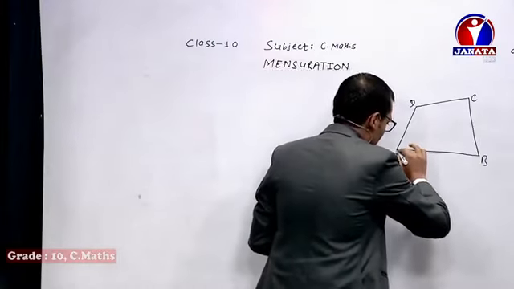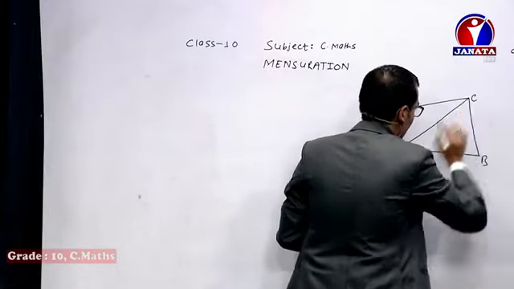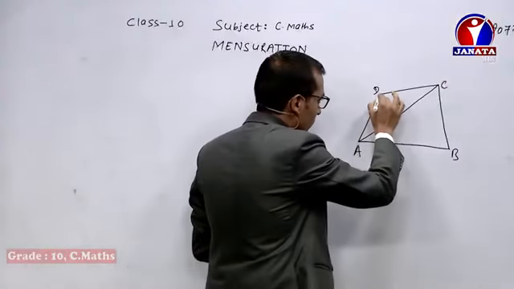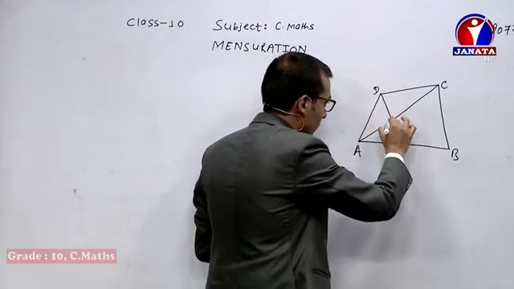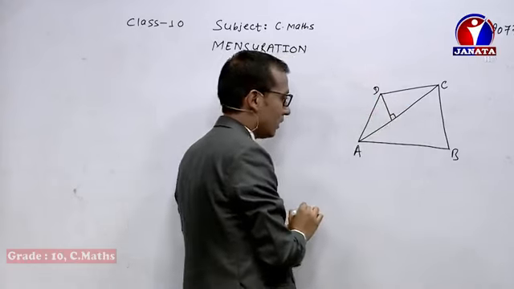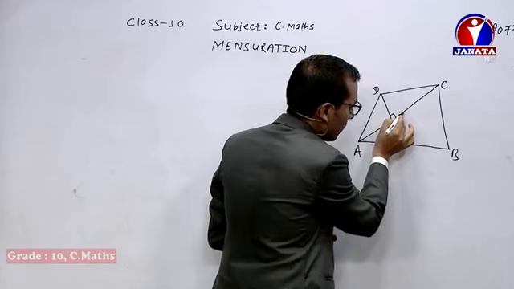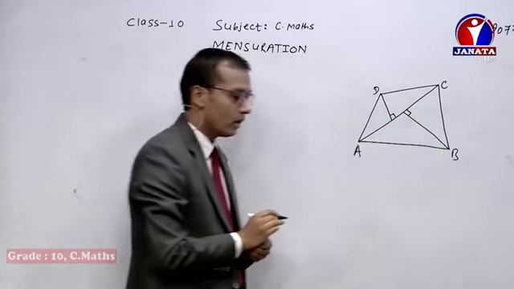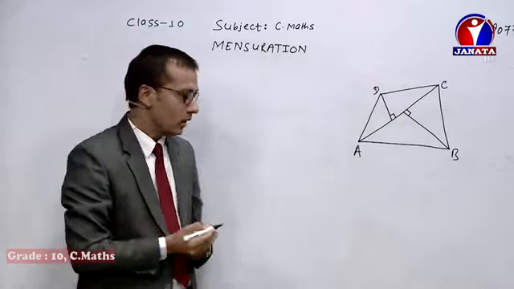Let me join one diagonal AC. So I am also drawing perpendiculars from D on diagonal AC, and similarly perpendicular from B on the same diagonal AC.